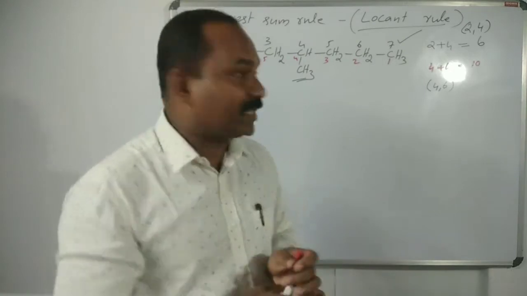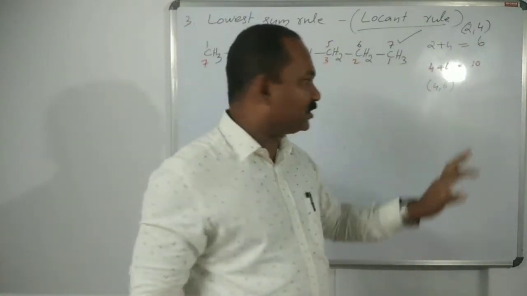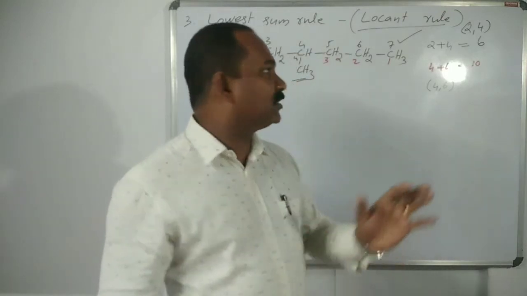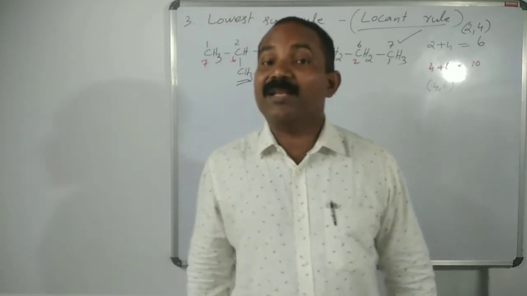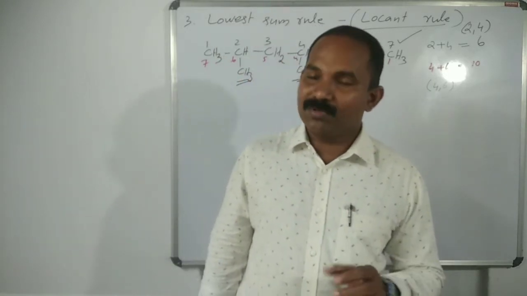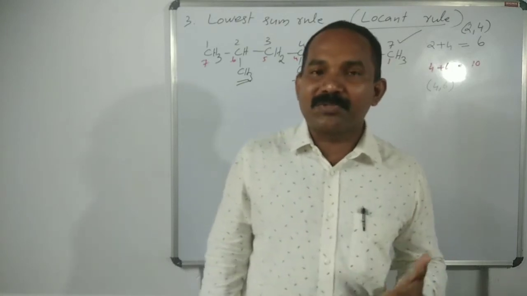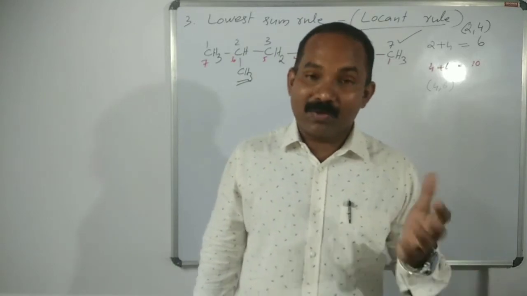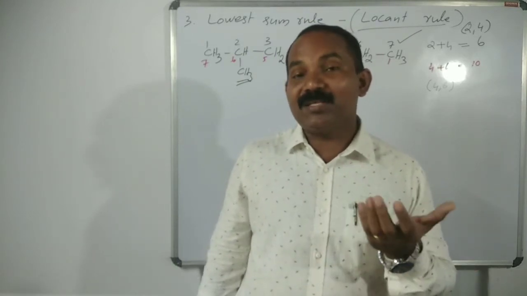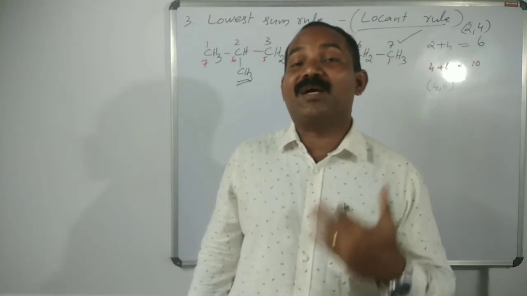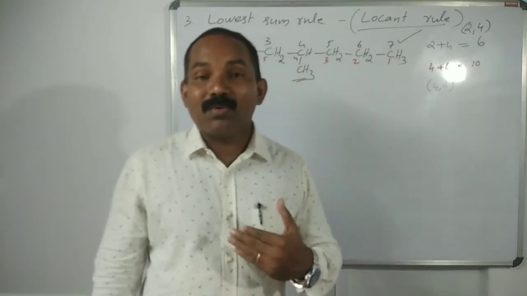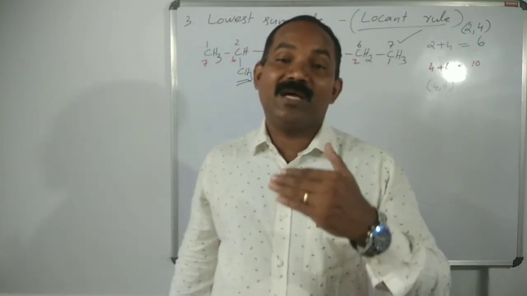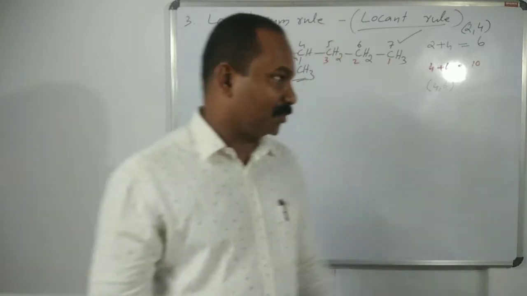Which is the lowest set? 2, 4 is the lowest set. 4, 6 is the higher set. Earlier it was called the lowest sum rule. Nowadays some teachers and some textbooks still use the lowest sum rule, but IUPAC revises some terms and rules. So now the lowest sum rule is known as the lowest locant rule, or simply the locant rule.